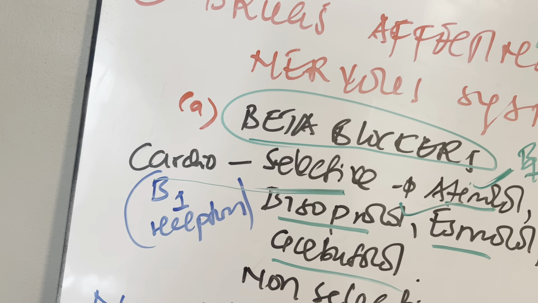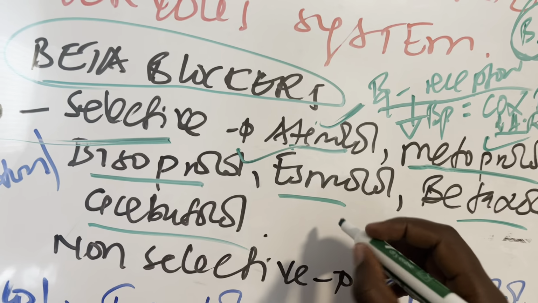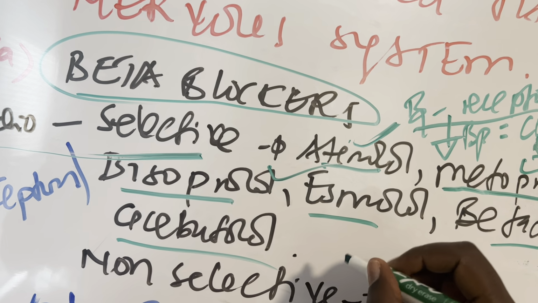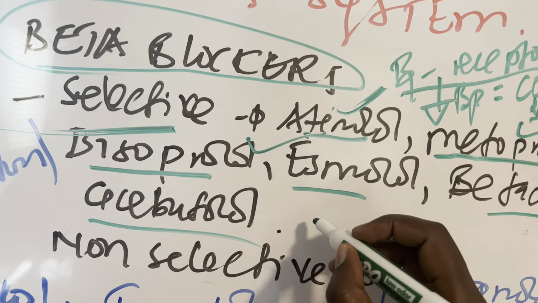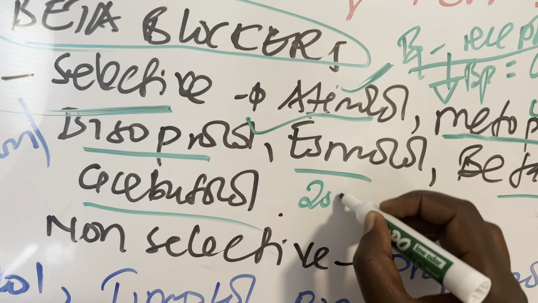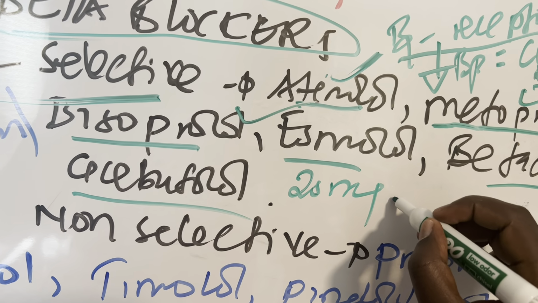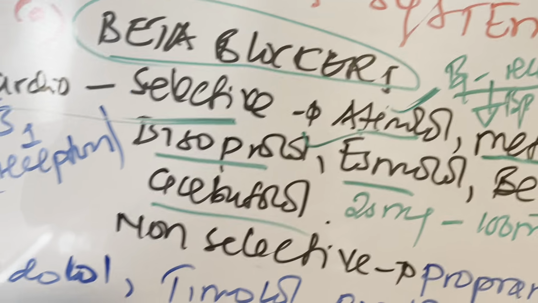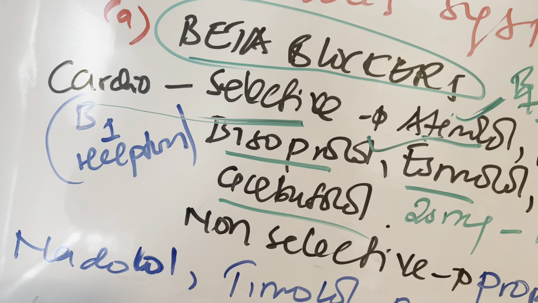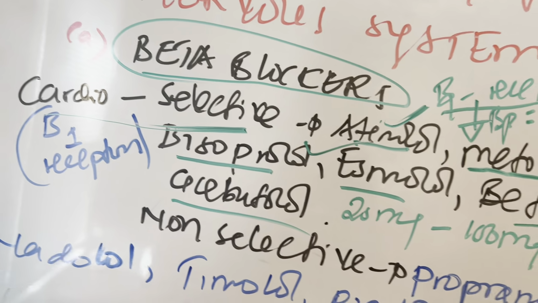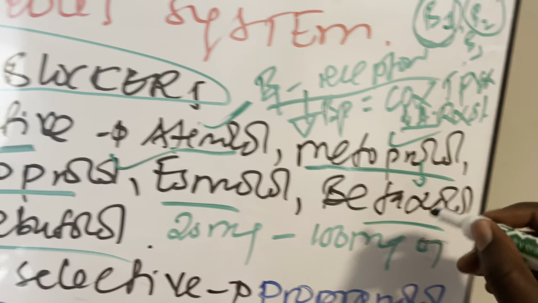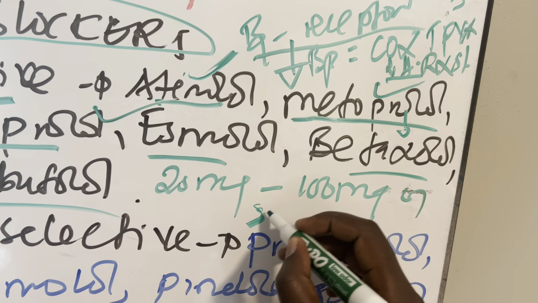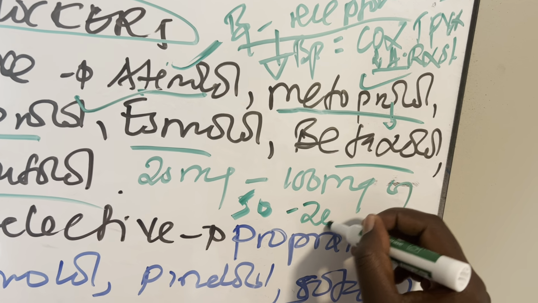Atenolol, I've seen it being given usually starting at 25 milligram, up to 100 milligram once a day. For metoprolol, they can give between 50 to 200 milligram in divided doses.